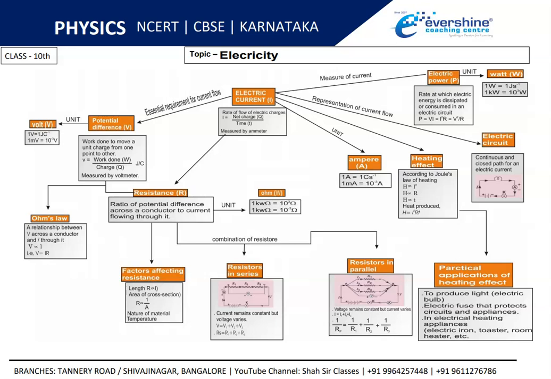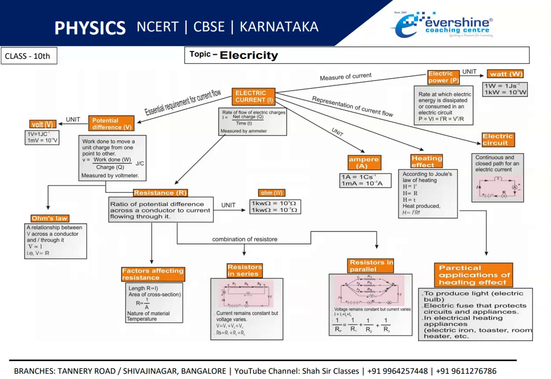And you can see here the measurement, we are going to measure the potential difference by a device called voltmeter. Is this clear? If the electric current has to flow, it needs potential difference, and the unit of potential difference is V. And how can we detect the potential difference? By using a device called voltmeter.